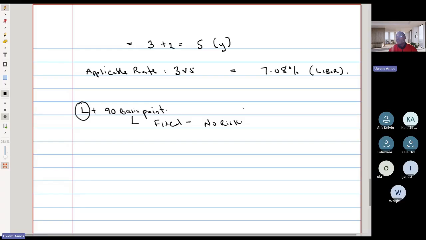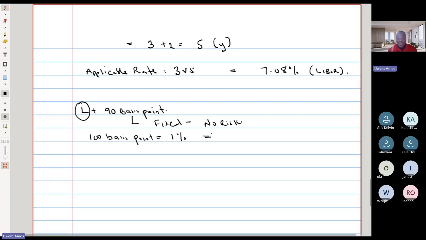So now that we have determined what the LIBOR would be with FRA, we just add the 90 basis points, the fixed element, because that does not change. However, bear in mind that that is basis points and not percentage. This is percentage. Just keep in mind that 100 basis points is equal to 1%.